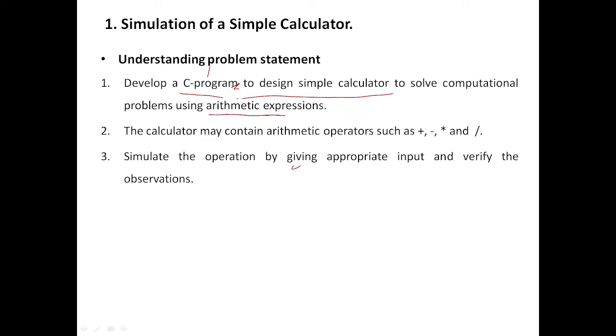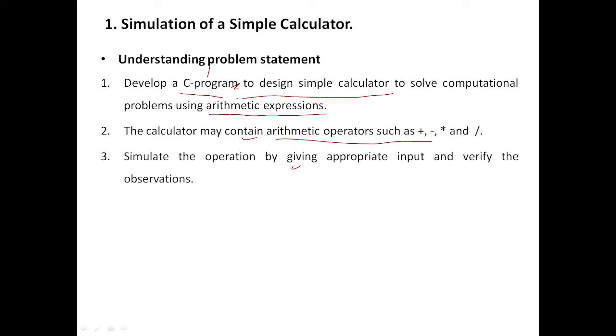That means we have to use arithmetic expressions and design a simple calculator. The calculator may contain arithmetic operators such as addition, subtraction, multiplication and division. And finally, simulate the operation by giving appropriate input and verify the observations, right?